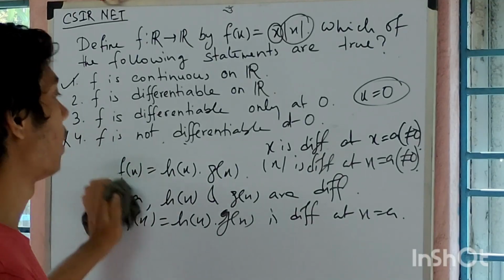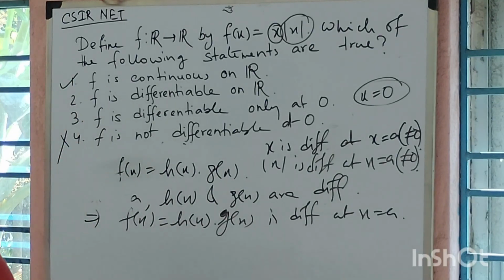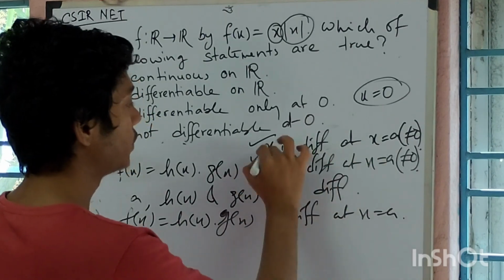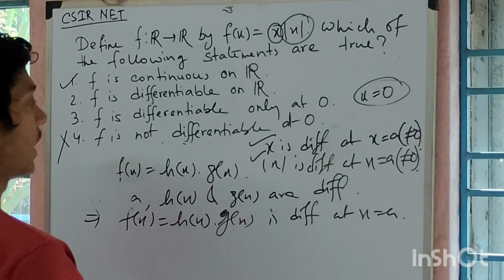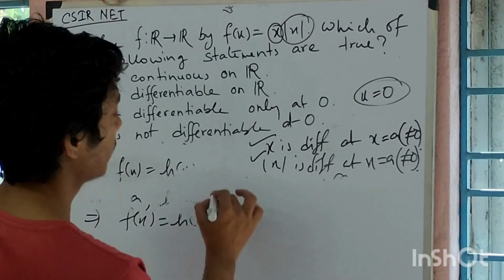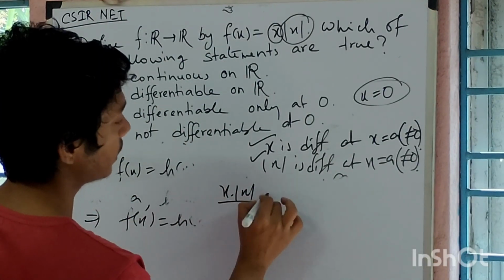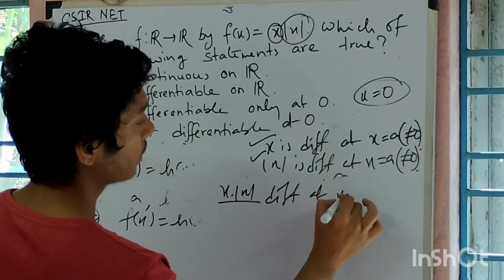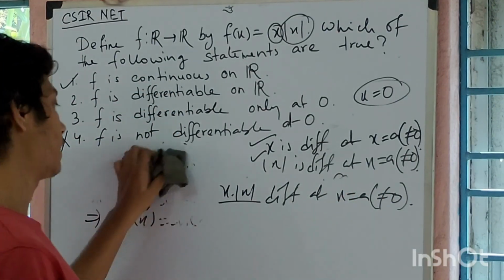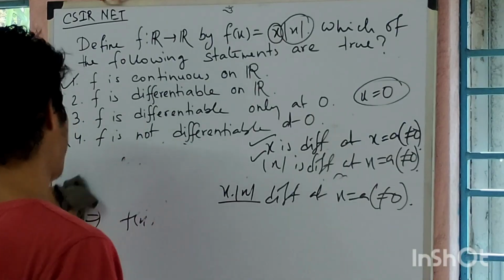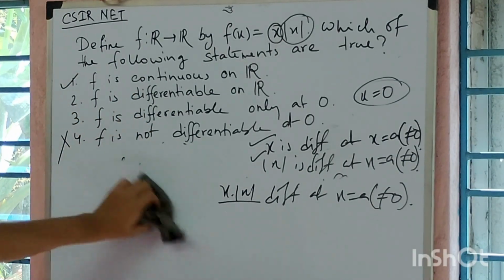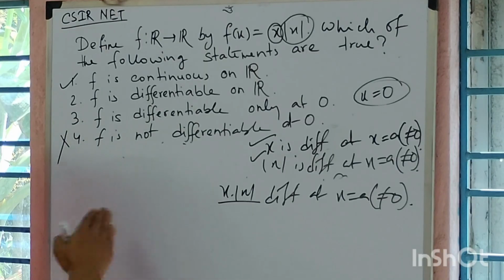It is only not differentiable at x = 0. So this one is differentiable at any non-zero point, and this one too. So their product, which is x|x|, is also differentiable at x = a, where a is not equal to 0. So I have proved that it is differentiable at x = a, where a is not equal to 0.